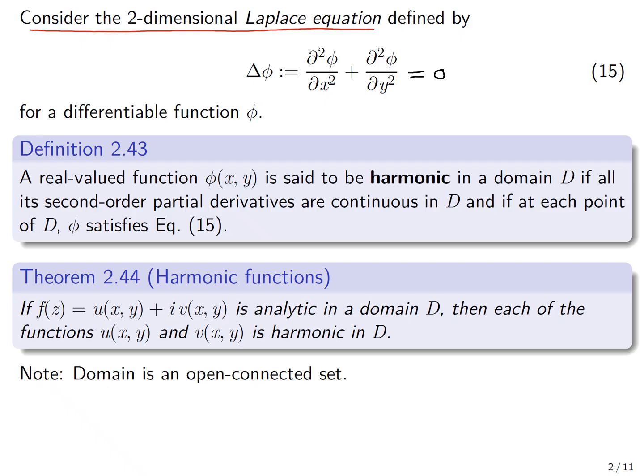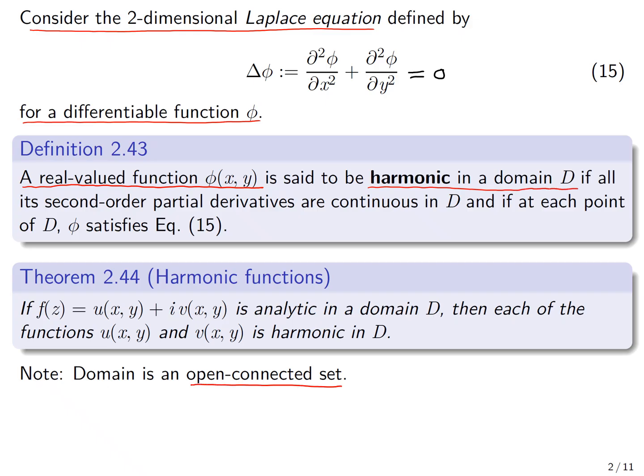For a differentiable function phi, because we want to make sure that this function can be partially differentiated enough. And then we can continue. It says that a real-valued function phi is said to be harmonic in D, in a domain D. A domain means an open connected set.